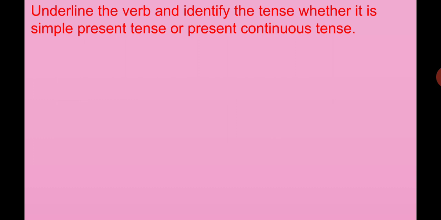Here we learnt only two tenses. Which are they? Simple present tense and present continuous tense. So it will be easy for us to identify them. Okay? We will do it very easily.